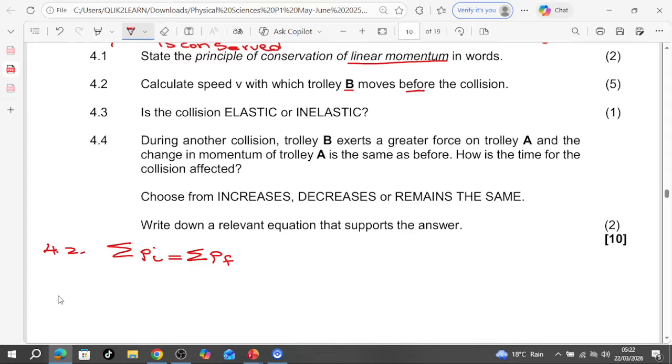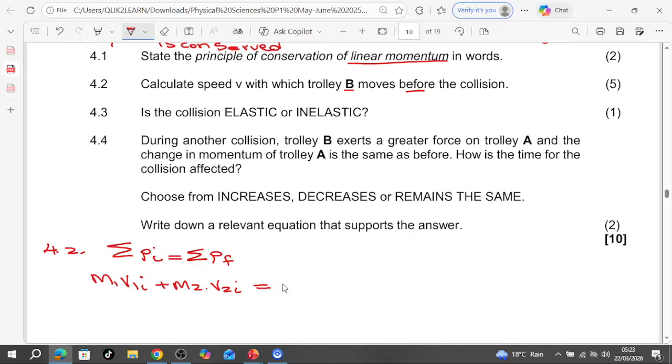Before, we take the mass 1 multiplied by the initial velocity of the first object, then add the second mass multiplied by the velocity of the second object. And this we're going to equate to what?